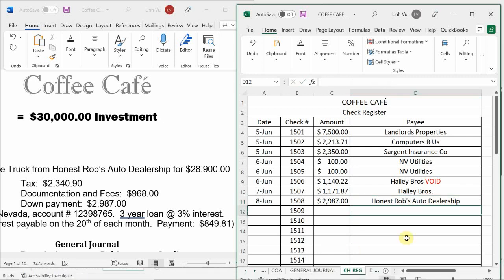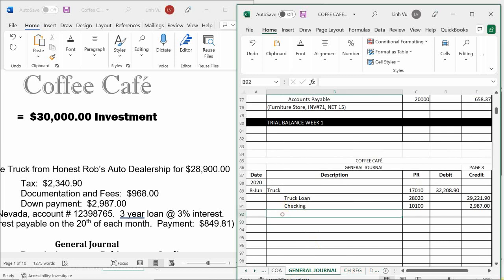Okay. So then that means in my journal, I'm going to have Honest Rob's Auto. Okay. We got a loan. That was 3%, 3 years.